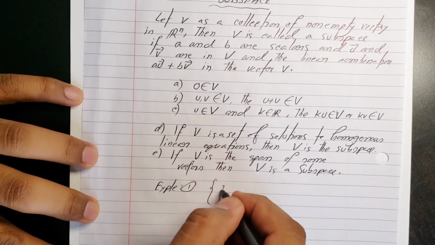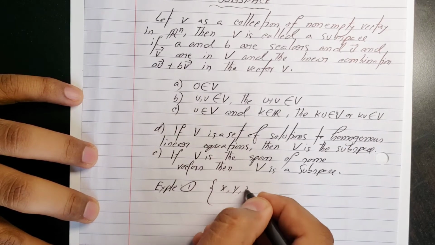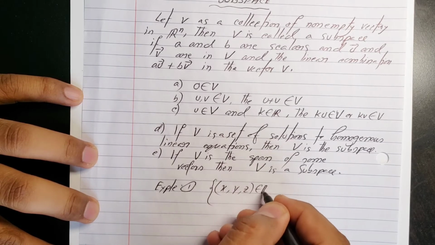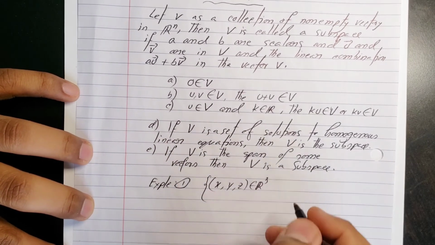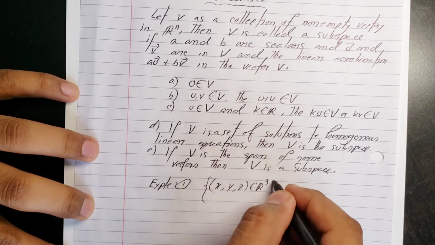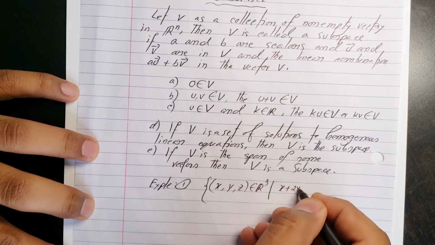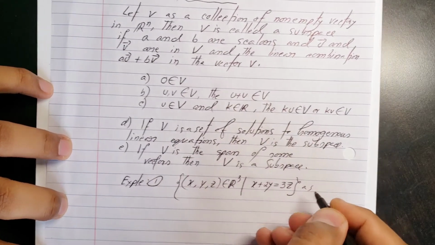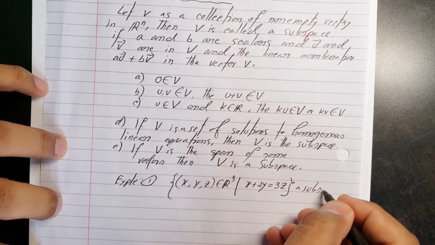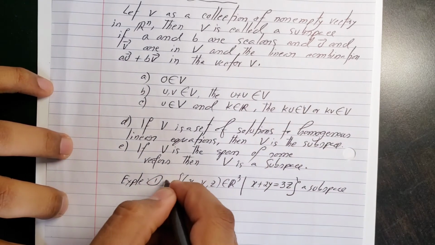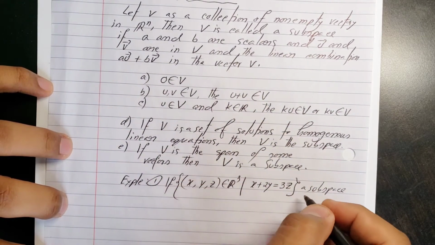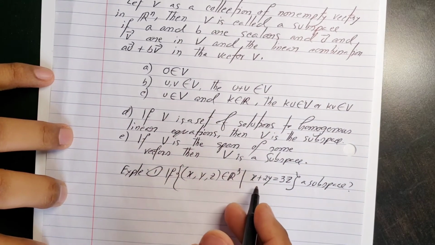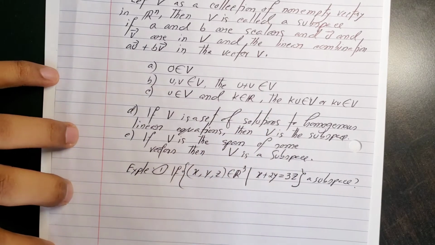We need to know if x, y, z are in 3-dimensional space, then is x plus 2y equals 3z a subspace? So we need to find out if this is a subspace. How to do that?